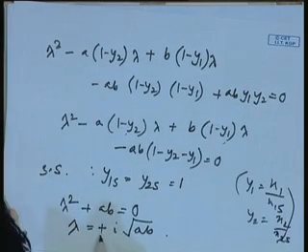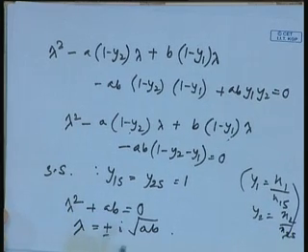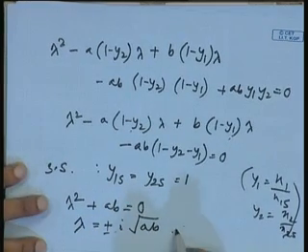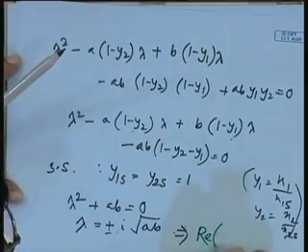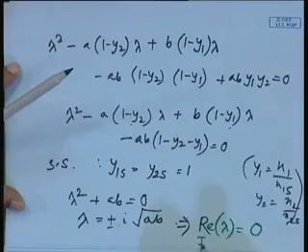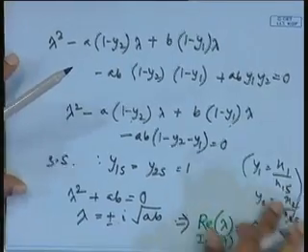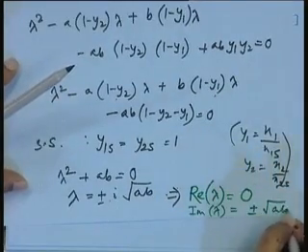The two values of lambda that I get are plus and minus i square root of AB, the conjugate roots, which means that the real part of lambda equals 0 and the imaginary part of lambda equals plus minus square root of AB.